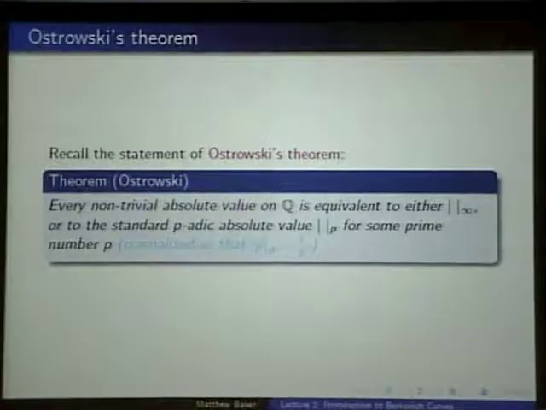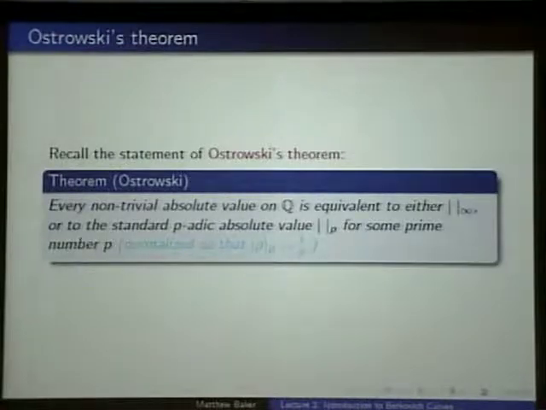And we are actually considering all, not just absolute values, but multiplicative semi-norms. And we're working with Z instead of Q because if we're going to allow semi-norms, things that have a kernel on Z, they won't automatically extend to the field of fractions.